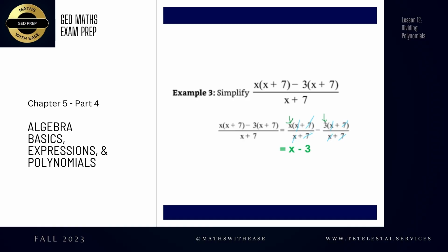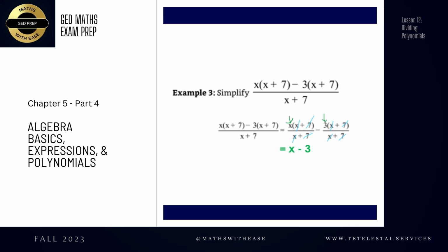X plus 7, x plus 7, x plus 7, right? And so what this is telling you is that in the example that we're seeing, the best thing to do is to separate the polynomial into two fractions and then simplify them separately, okay?